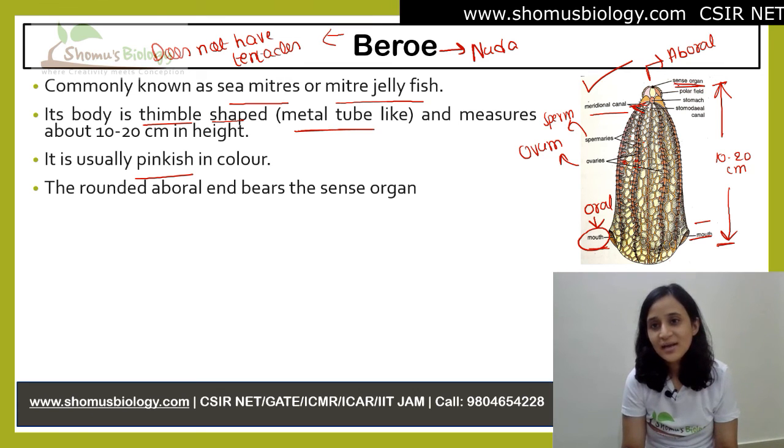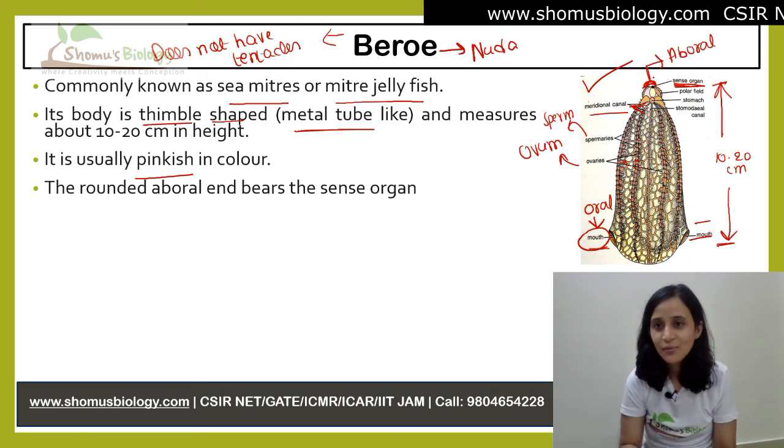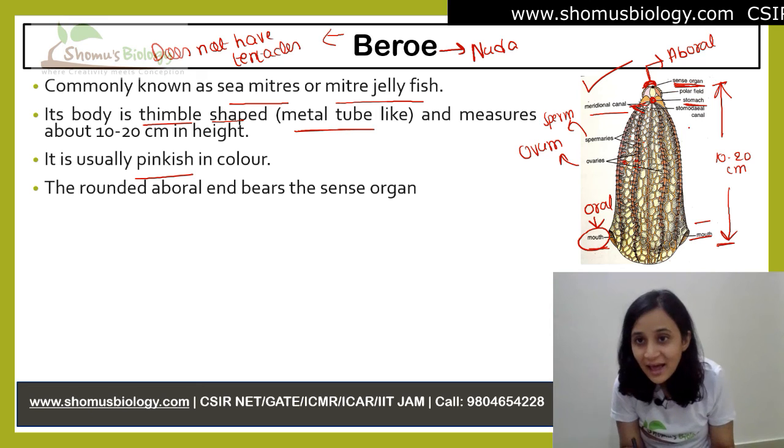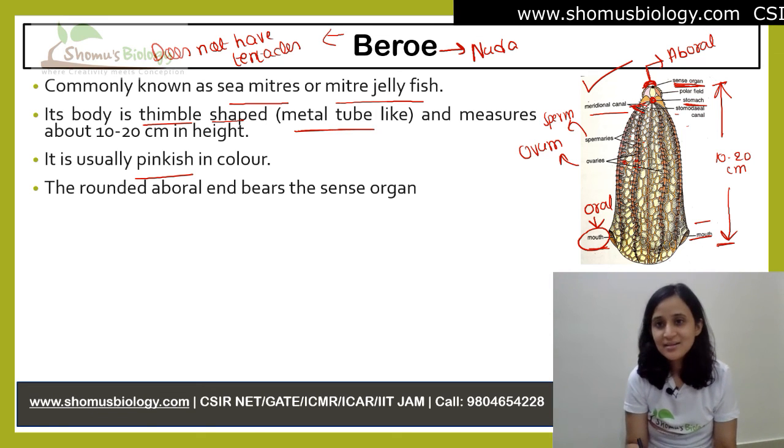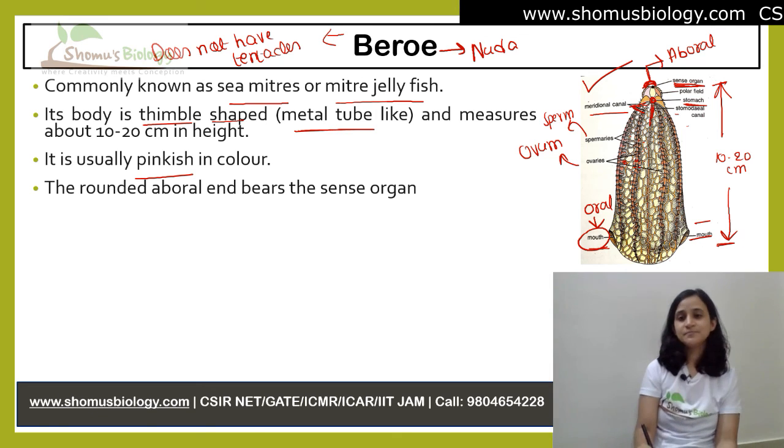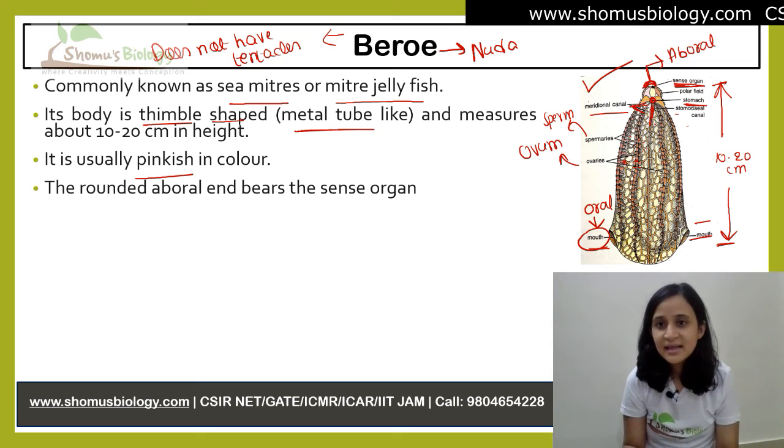So this sense organ is located in the aboral part, and the aboral part is rounded, right? And then they have the stomach. It is also in the aboral part. They have the stomach, and they have stomodeal canal. So from the stomach, the canal that is arising, and it is coming in this way.